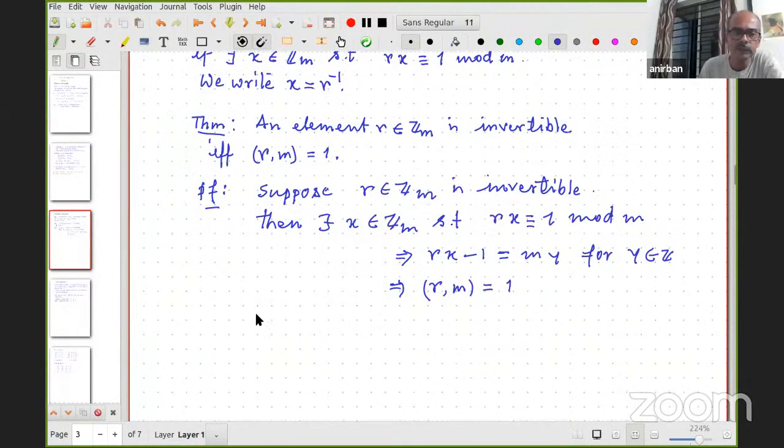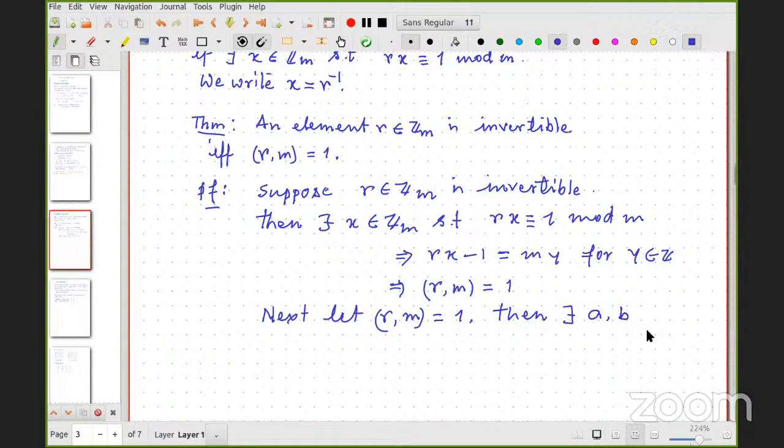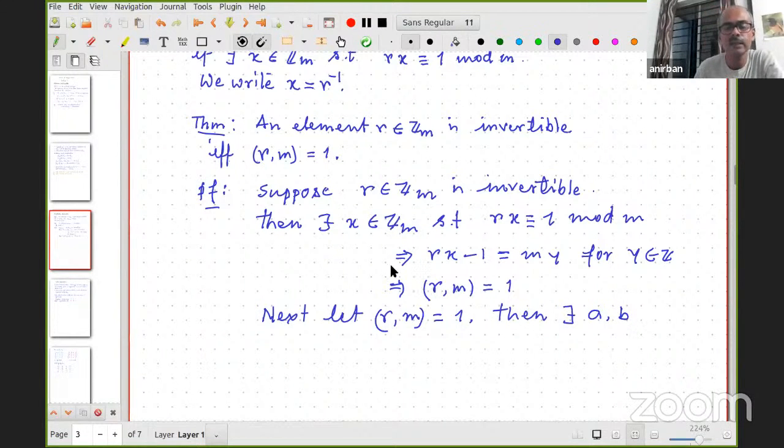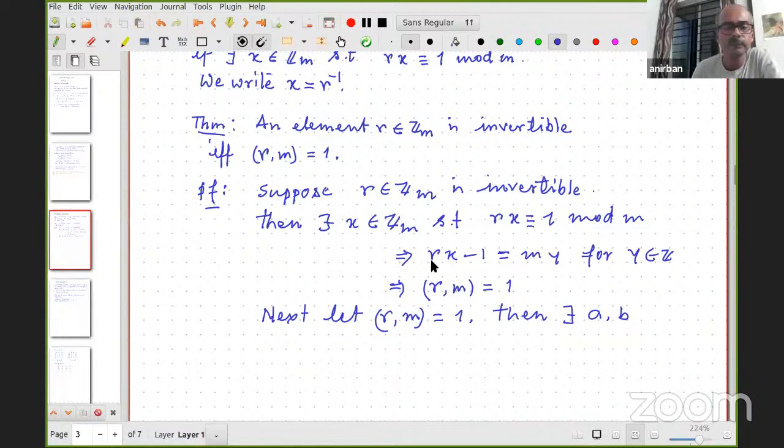And the other way, next, suppose the GCD is 1. Then there exists... Sir, please clear the above line. Which one? The GCD? Yes, sir. Sure, let me write the argument. So suppose r and m have a GCD d, and d is not 1, so d is greater than 1.